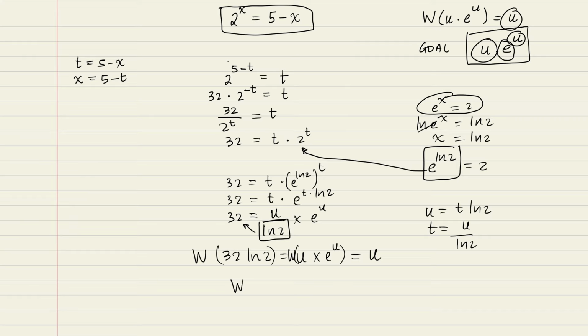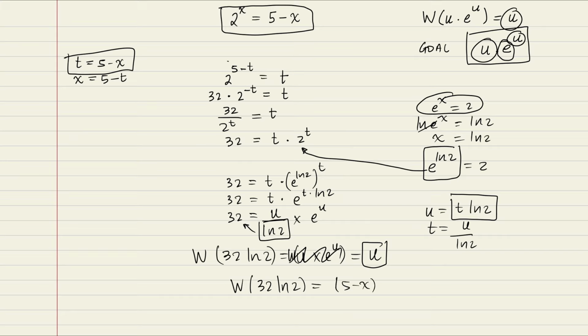So W of 32 ln of 2 is equal to u. Now we know that u is equal to t ln of 2, and we know that t is equal to 5 minus x. So let's replace this. So it's simply going to be 5 minus x multiplied by ln of 2.